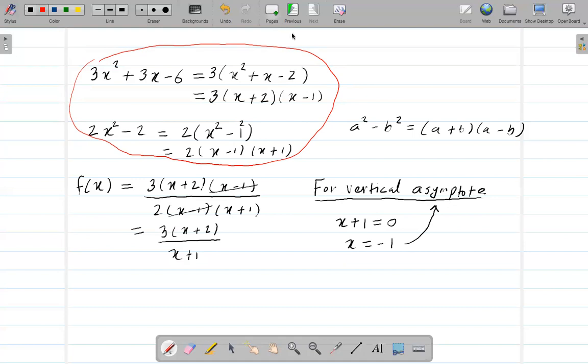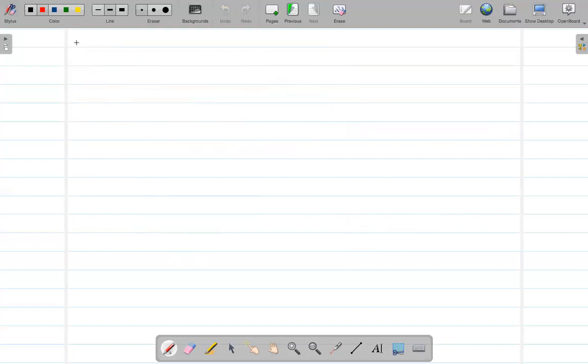Now for horizontal asymptotes, it's slightly different. For horizontal asymptotes, what we need to know is the degree. There are 3 cases.